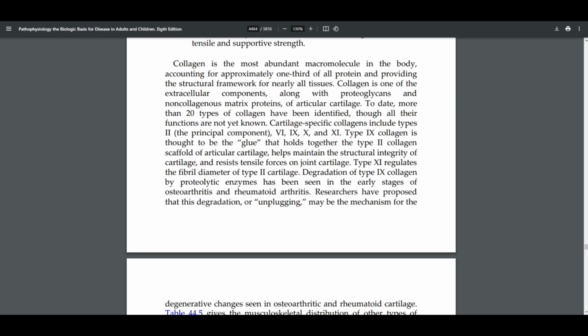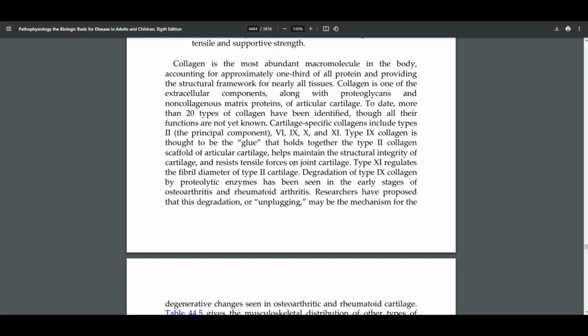Type 9 collagen is thought to be the glue that holds together the type 2 collagen scaffold of articular cartilage, helps maintain the structural integrity of cartilage, and resists tensile forces on joint cartilage. Type 11 regulates the fibril diameter of type 2 cartilage.